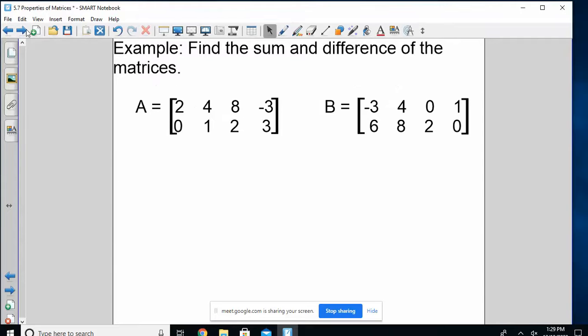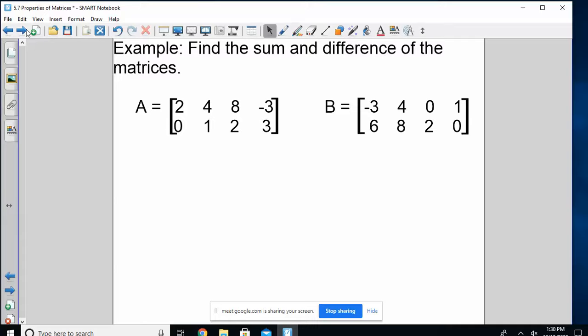Okay, so the next thing we can do then is add and subtract matrices. Now you can't add and subtract any two matrices. They have to be what we call the same size. For instance, if I gave you a matrix like this plus this, there's a problem there.